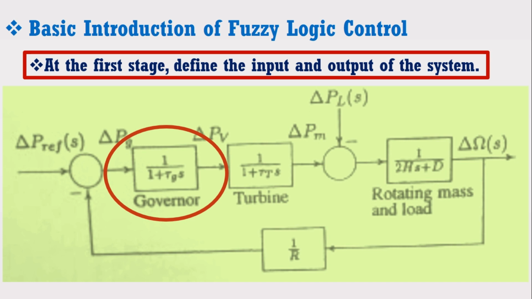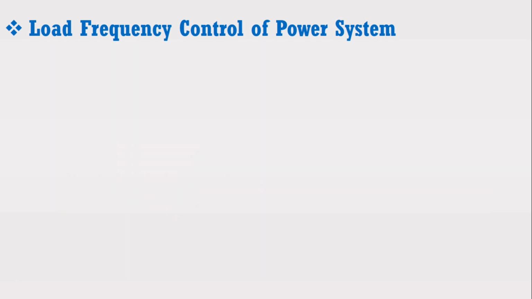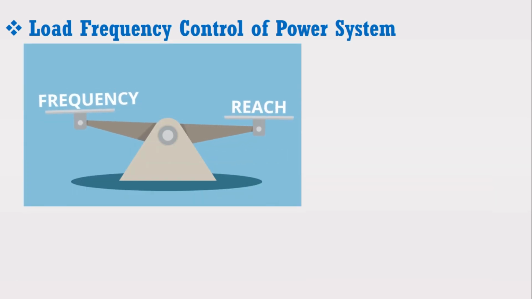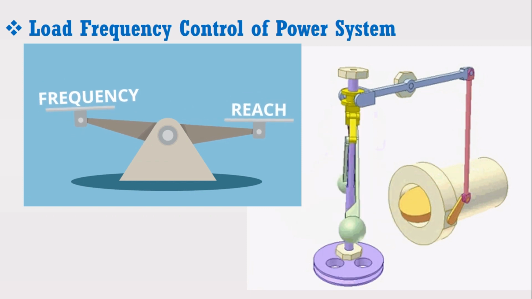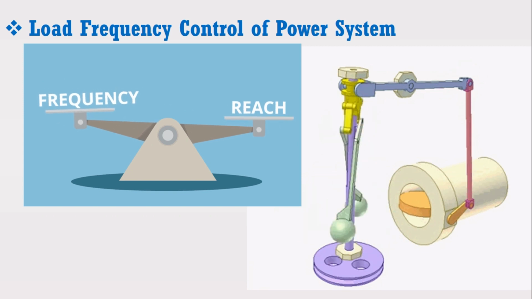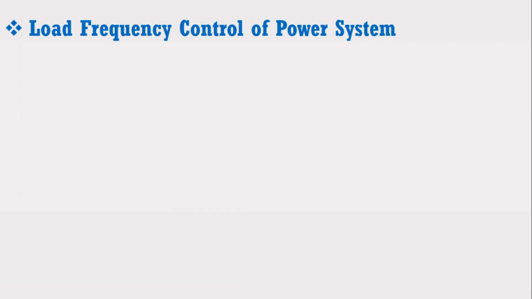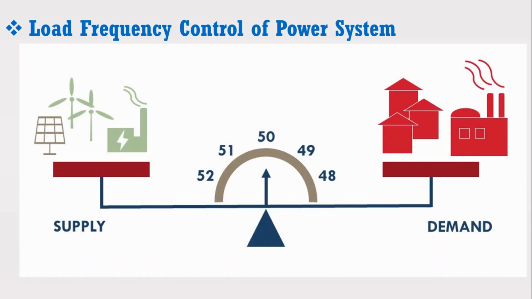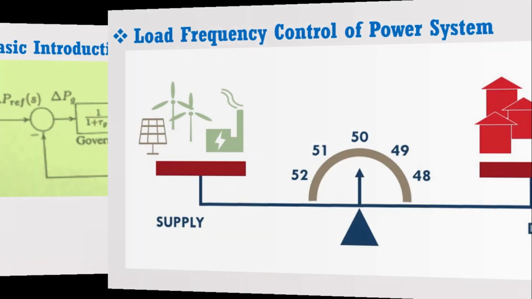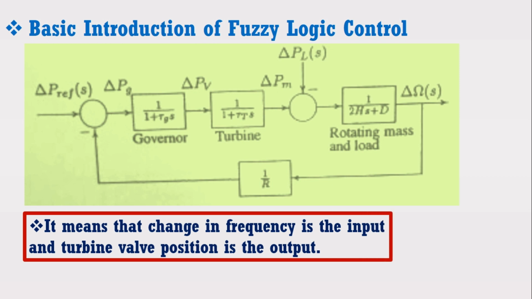Whenever load is suddenly increased, the power system frequency decreases. The governor senses this decrease in speed and sends a signal to the turbine to open its valve in order to increase the power generation. When generated power and increased load demands are equal, the system frequency comes to a stable value of 50 or 60 Hz. It means that change in frequency is the input and the turbine valve position is the output in this case.